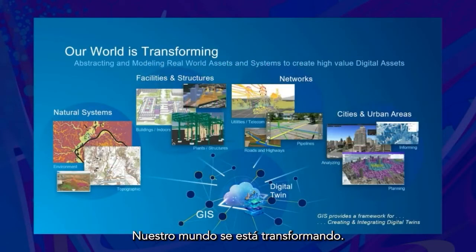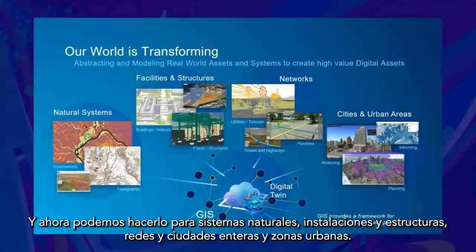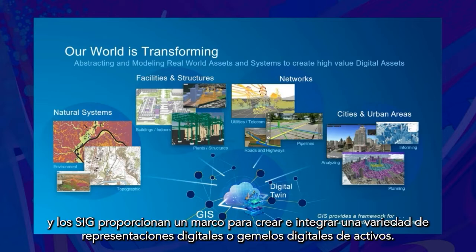Our world is transforming. We have a tremendously advanced capability to abstract and model real-world assets and systems as digital models. And we can do this now for natural systems, facilities and structures, networks, and entire cities and urban areas. These abstractions are increasingly being referred to as digital twins, and GIS provides a framework for creating and integrating a variety of digital representations or digital twins of assets.